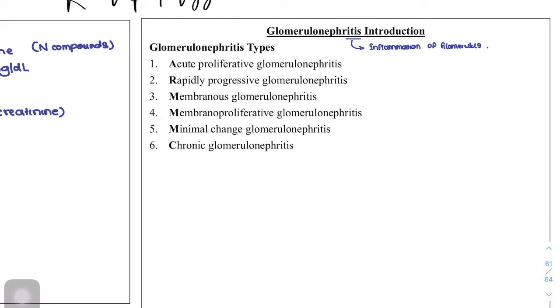This is mostly due to immune complex depositions. This is the most common reason. And these immune complexes could be soluble ones, which can cause less damage compared to the insoluble ones.